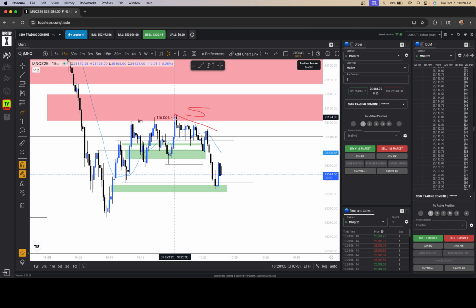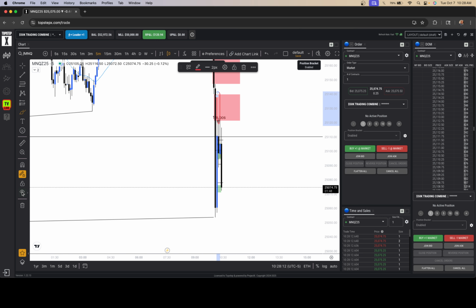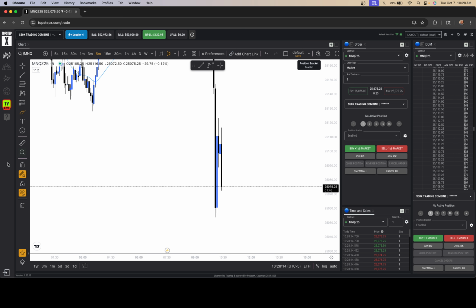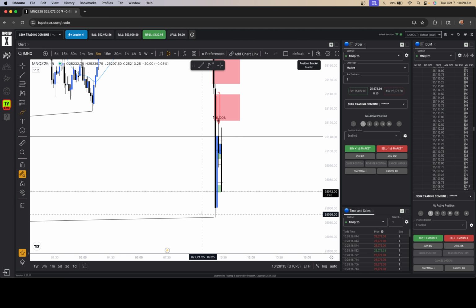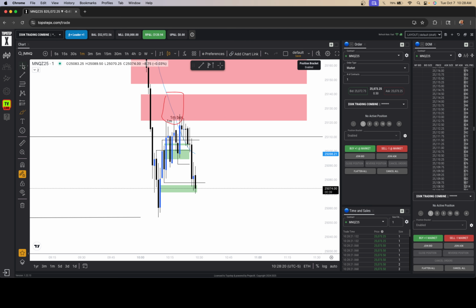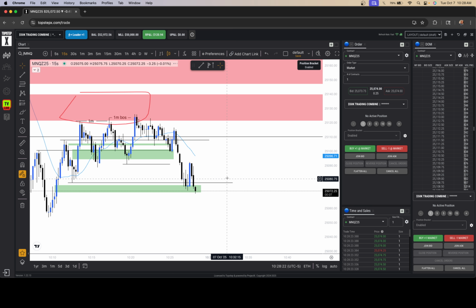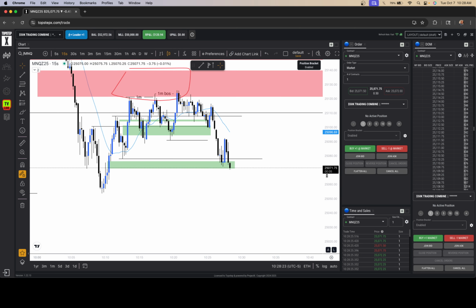But this is a 5-minute imbalance that I wanted to see us tap into, which you can see we tapped into right here. And I want to see it take us to break the low. So you can see we are still going lower.